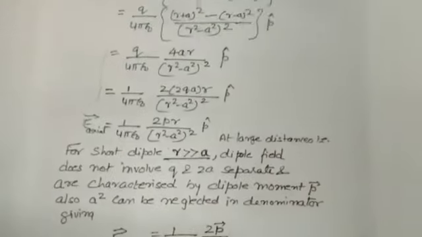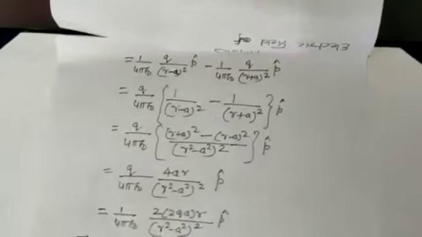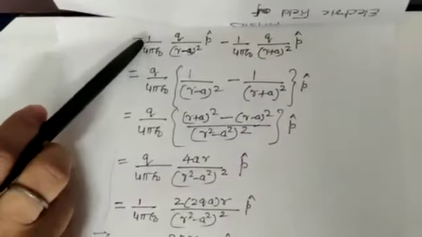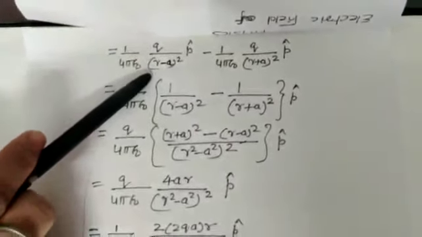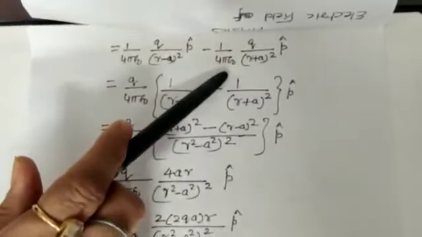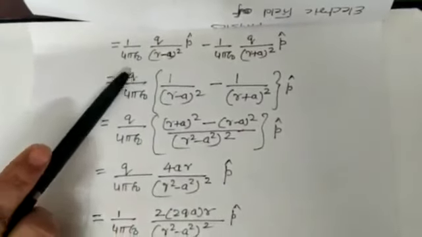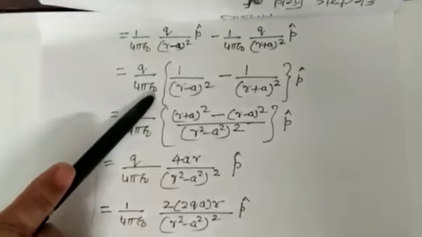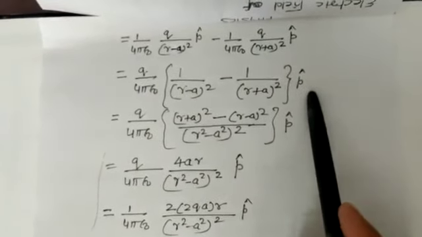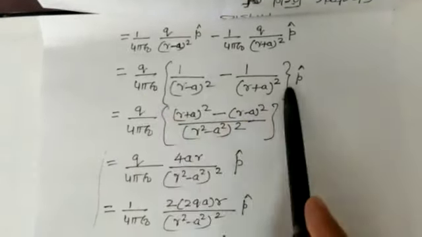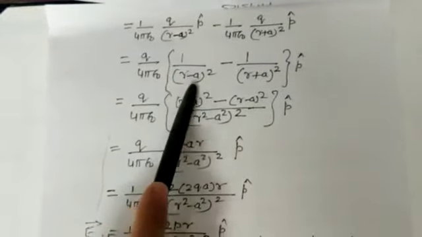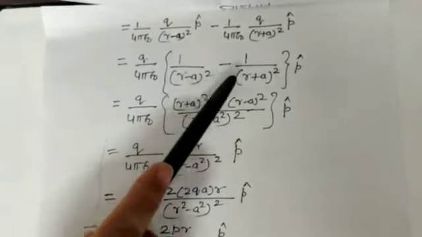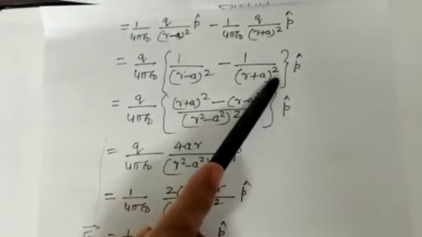On putting these two values, we have to do just simple mathematics. You can take q by 4 pi epsilon naught as well as p unit vector common outside the bracket, and you will be left within the bracket with 1 by (r minus a) whole square minus 1 by (r plus a) whole square.